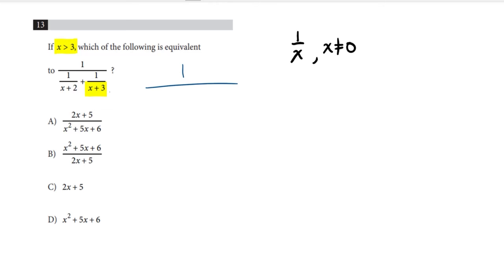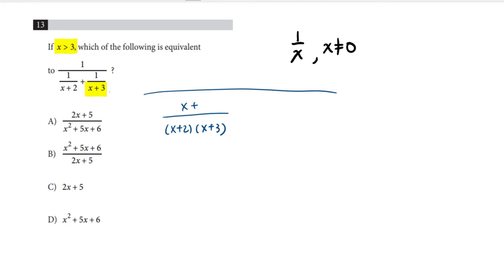If we use the common denominator as the product of these two, it will be (x + 2)(x + 3). So the first fraction can be written as (x + 3) over (x + 2)(x + 3). The second one will be (x + 2)(x + 3) on the bottom, and the numerator will be x + 2.